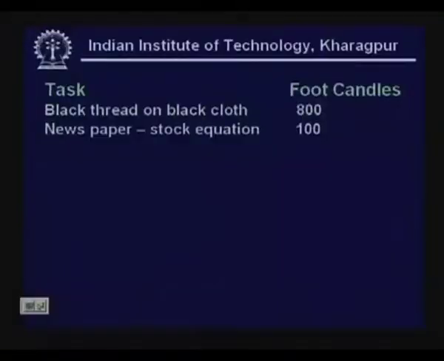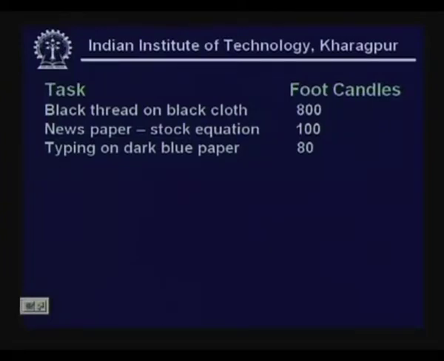The newspaper, the stock equations which are put in bold print, you need about 100 foot candles. Stock equations are normally written in very small print, you must have seen that, it is very difficult, and some of the elderly people are forced to use glasses.